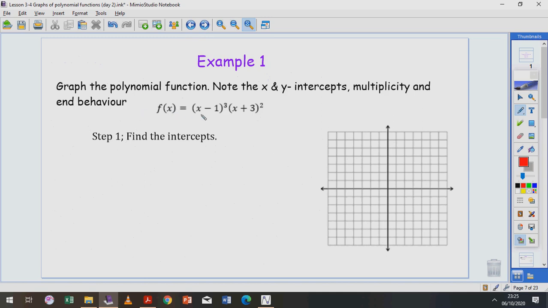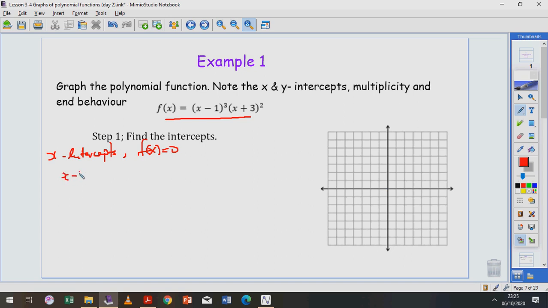So we have a polynomial whose equation is this. f of x is (x minus 1) cubed, (x plus 3) squared. If I want to graph the polynomial function on here, first of all, I'll find the intercepts. Now I know that for the x-intercepts, I'll find them by setting the function equal to 0.